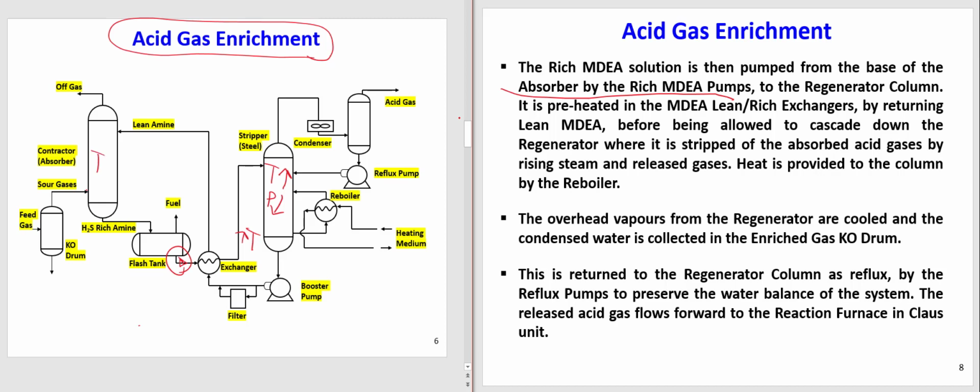Temperature in the absorber is low. In the generator it is high. So the stream that is coming from the generator has a high temperature. I have a low temperature stream coming from the absorber and a high temperature stream going to the generator.